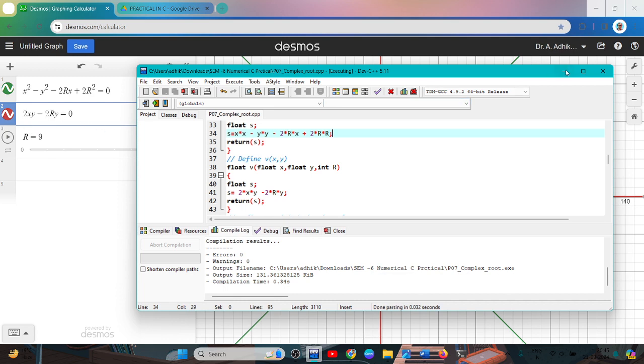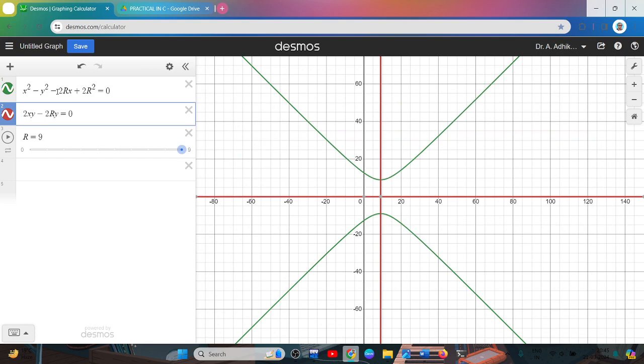So in the Desmos app, we separately put the real part of this function, u(x,y) equal to 0, and v(x,y) equal to 0. And here r, you can give any value from 0 to 9, either 0 or 1 or 2 and so on up to 9.